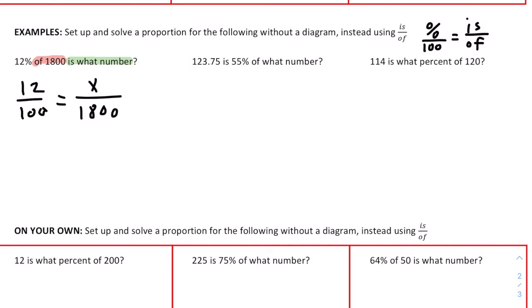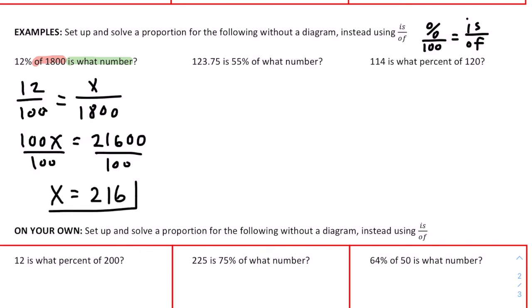Okay, when we cross multiply here, we have 100x equals, well, what's 12 times 1800? Oh, a big number, 21,600. And then we can divide that by 100. And we get x is 216. Simple enough.